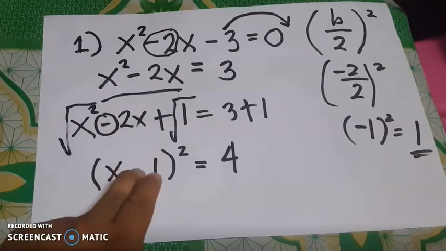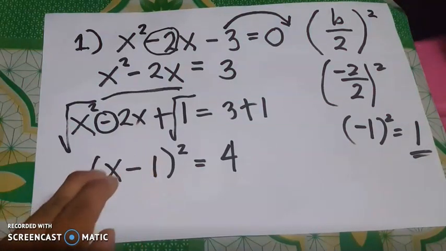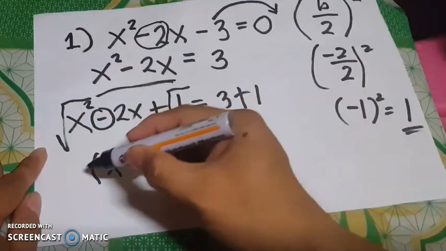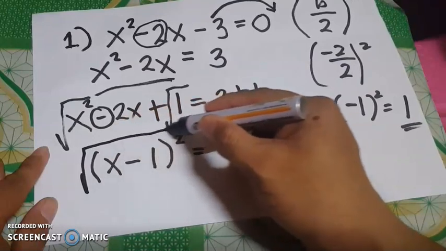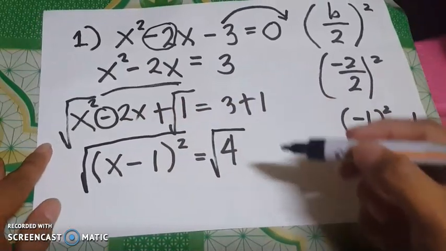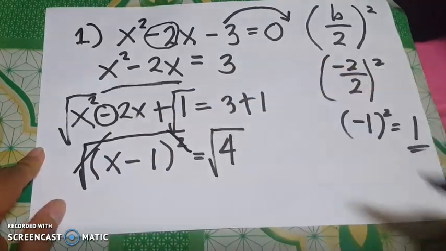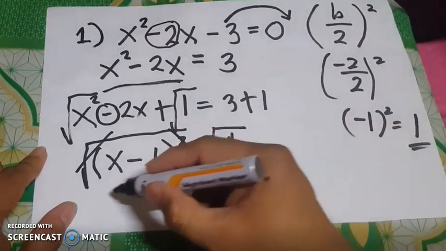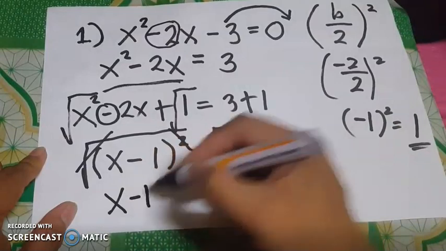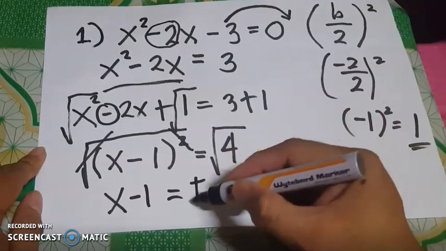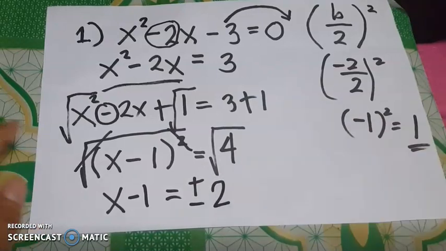So we are going to treat this binomial inside as one term. So for us to eliminate the 2 here, we're going to get the square root of both sides of the equation. So in that case, that square root sign together with this 2 will be eliminated. So ang natira ngayon ay x minus 1 is equal to square root of 4. That would be positive negative 2.